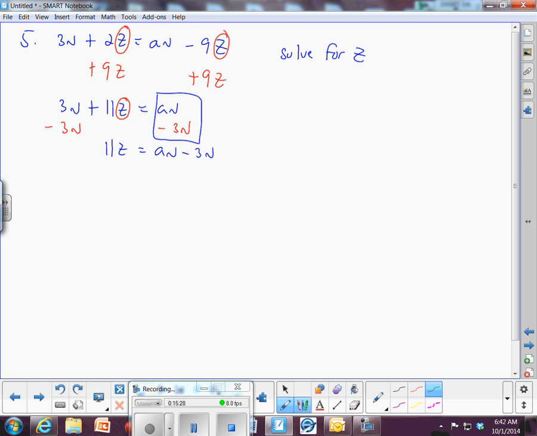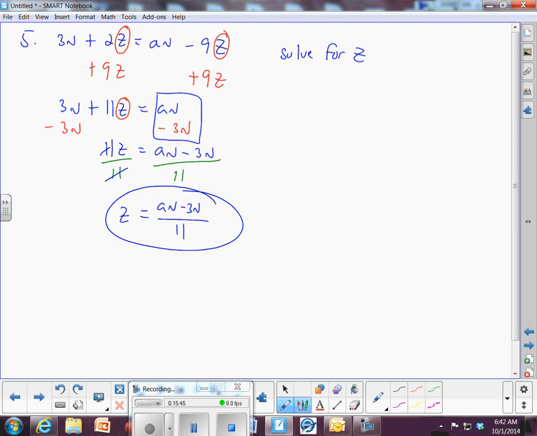All that's left is the 11. Again, we can do the shortcut. Let's divide both sides by 11. Our 11's divide out on the left, leaving z isolated, and our right side is an minus 3n over 11. And we solve for z.